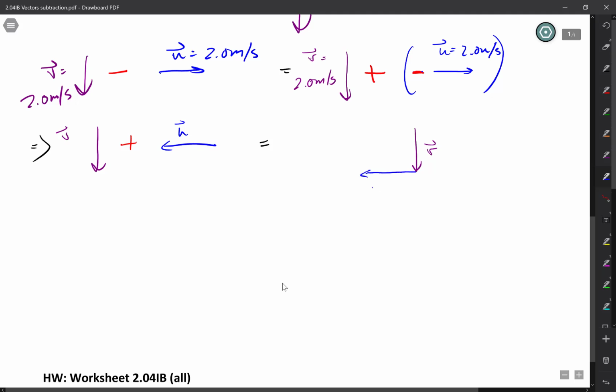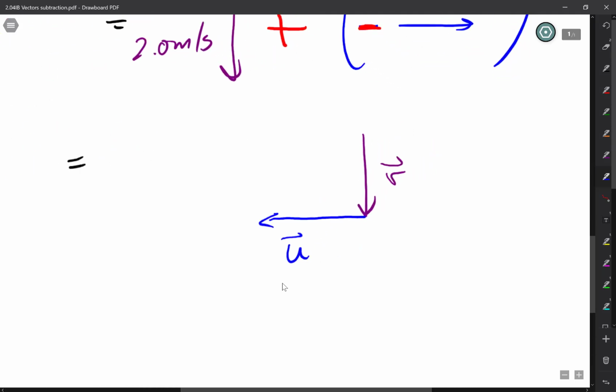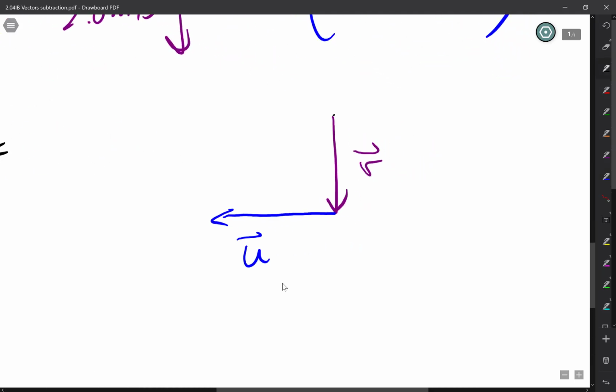So adding vectors tip to tail, whoopsies, that's a u. And now our resultant vector is the same as saying final velocity minus initial velocity, which is essentially our delta v, or change in velocity. So that resultant vector gives our change in velocity.